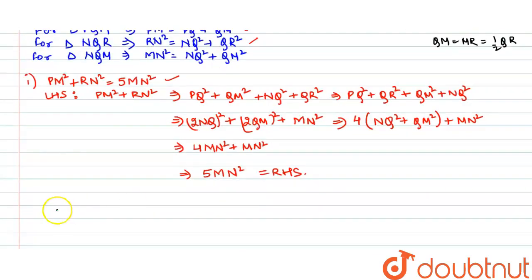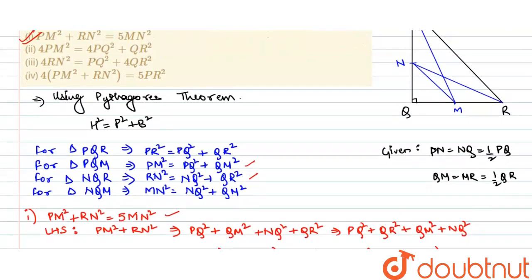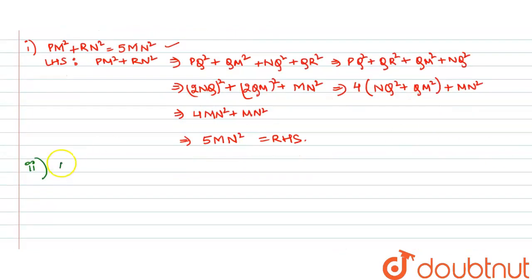Now take a look at the second equation. The second equation says 4PM square is equal to 4PQ square plus QR square. So in this case I will take LHS again, so LHS is equal to 4 of PM square.